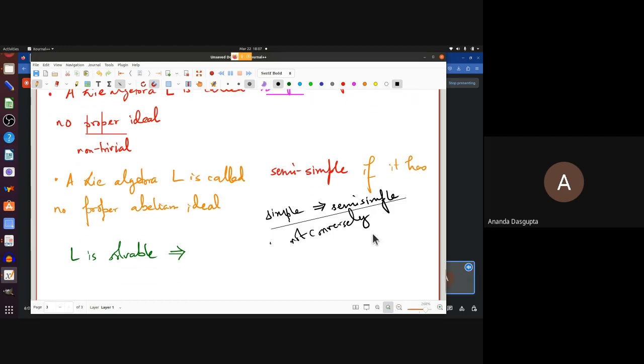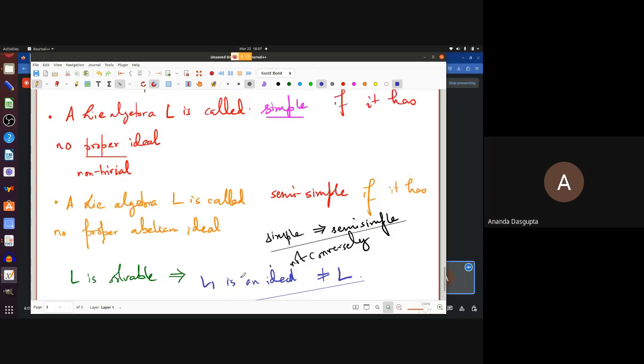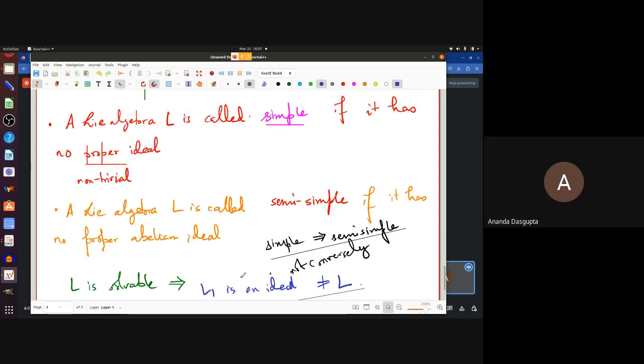Now let's come back to solvability. If L is solvable, then L1 is an ideal, not equal to L. So what does it tell you about the possibility of L being simple? You can see the definition of simple right here on the top.